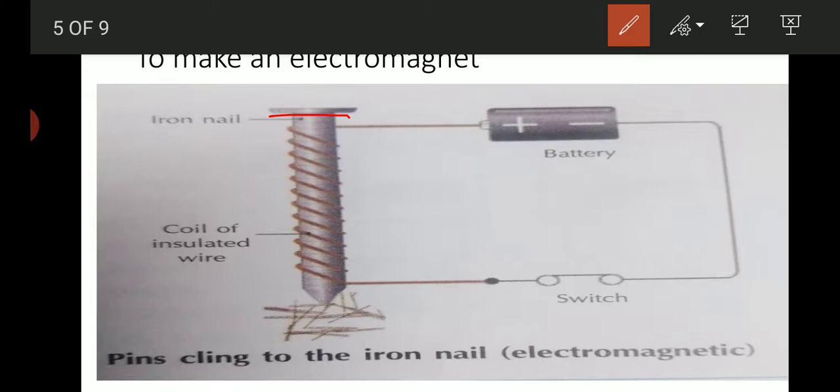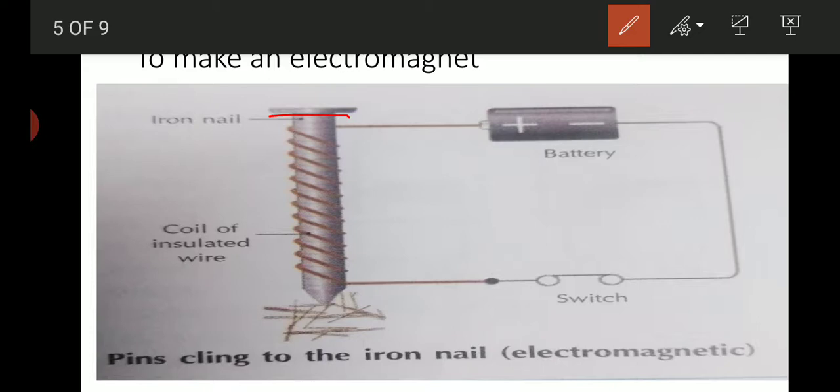This is because when you place the insulated copper wire over the soft iron rod, it becomes a magnet. The combination of coil and soft iron rod creates a stronger magnet than the coil alone.